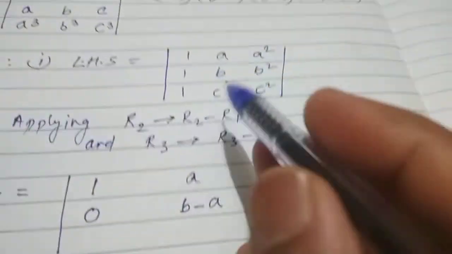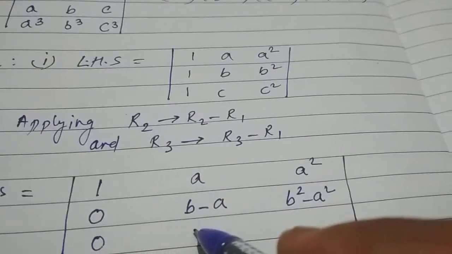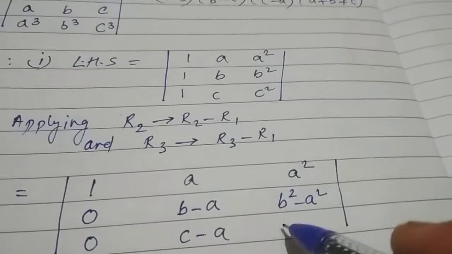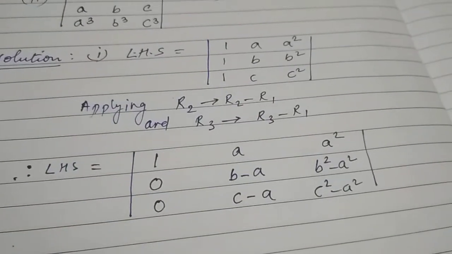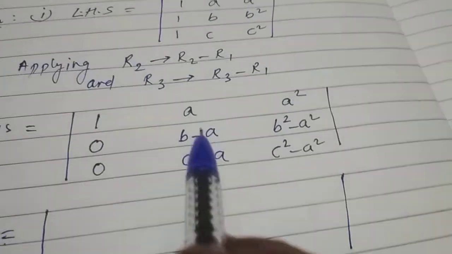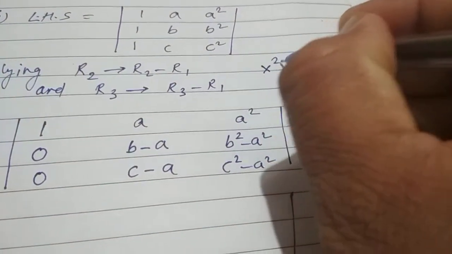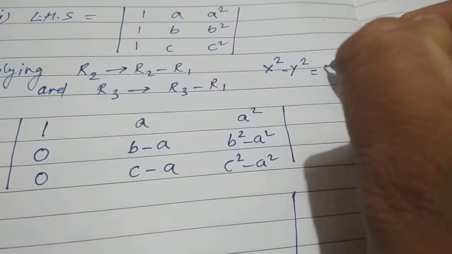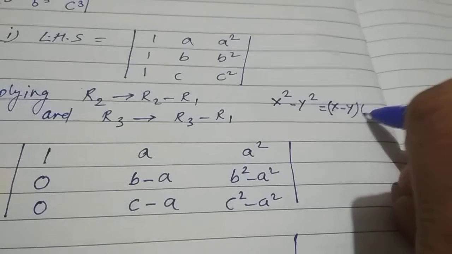Then here 1 minus 1, 0, c minus a, then c square minus a square. Now we all know the formula: x square minus y square is x minus y into x plus y.